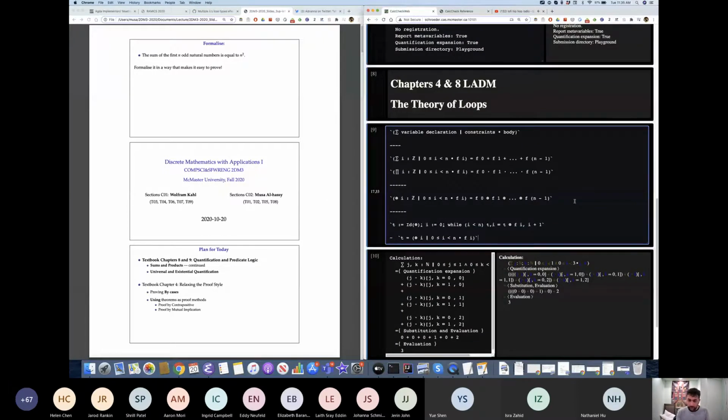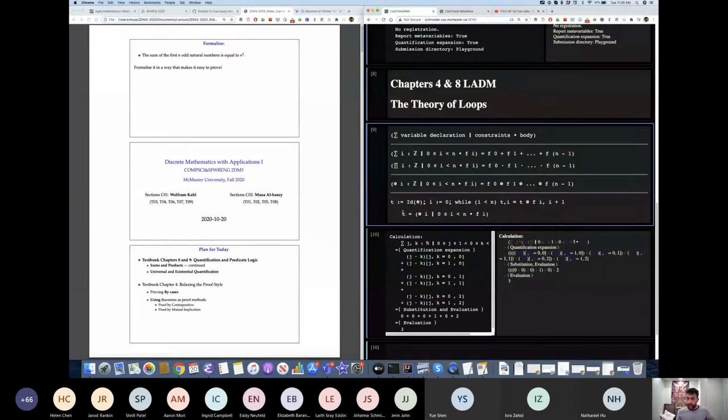So a for loop can be thought of as implementing a quantification. Whenever you see a quantification, you can think of it as a specification of a for loop. A for loop is one way to implement it.